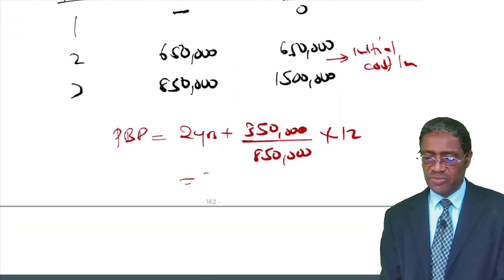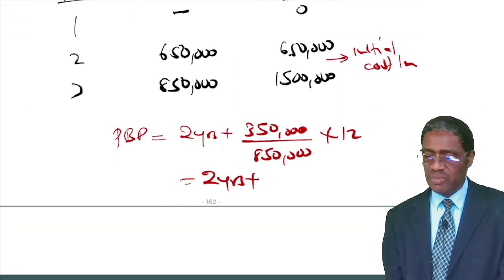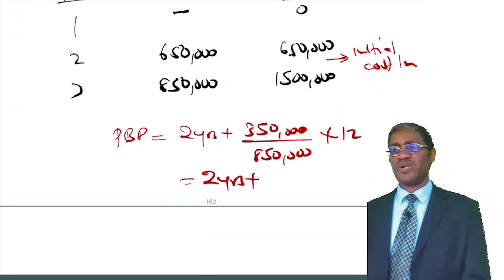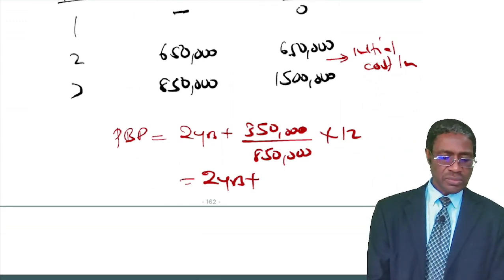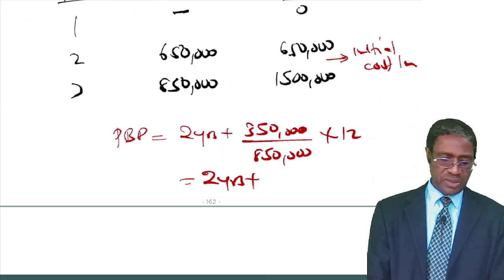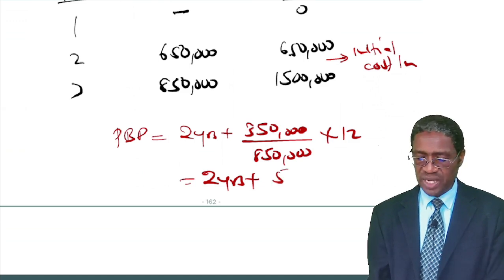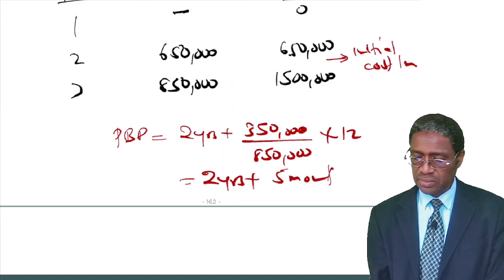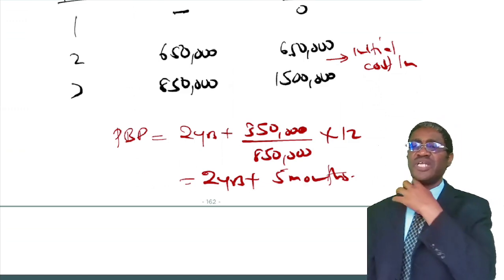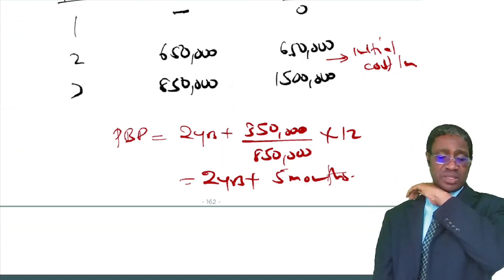So this will be 2 years plus how many months? 350 divided by 850 times 12. Looks like 4.9 months. Let's just call it 5 months.